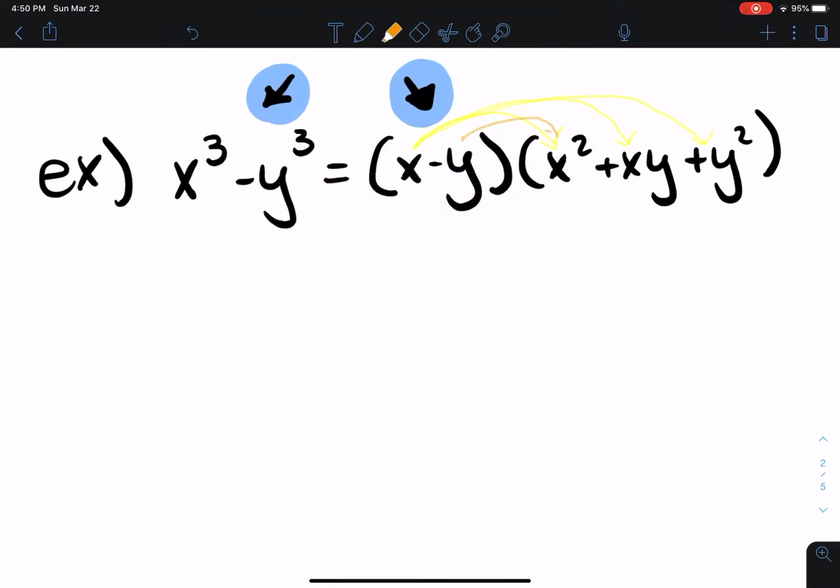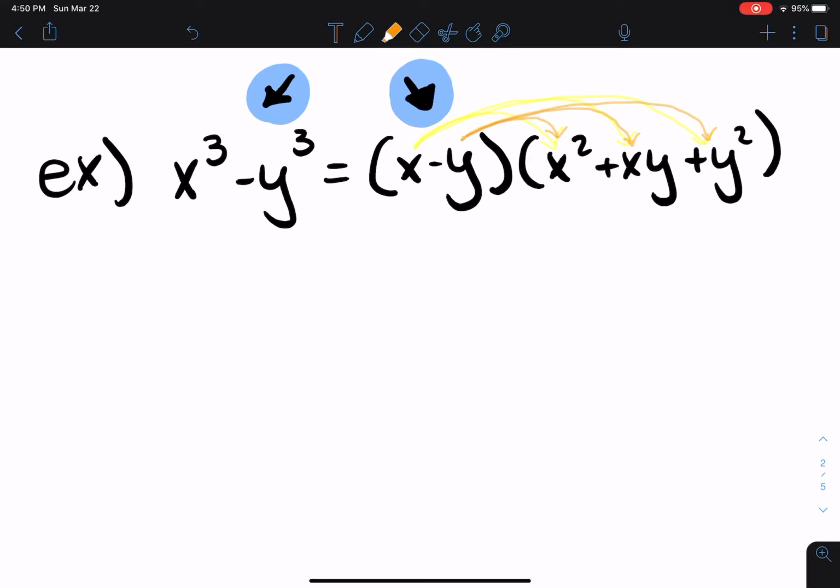Y times the first term, Y times the second term, and Y times the third term. Okay, so we're going to multiply all those in. We're going to FOIL, essentially, we're going to distribute all of those in. It's not really foiling if there's more than four terms in there, but still, we're going to do that.